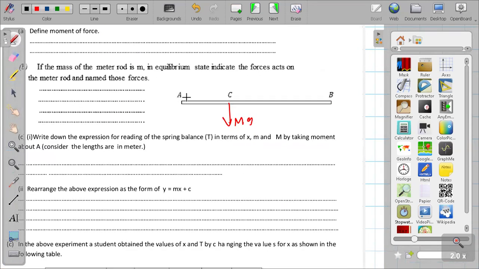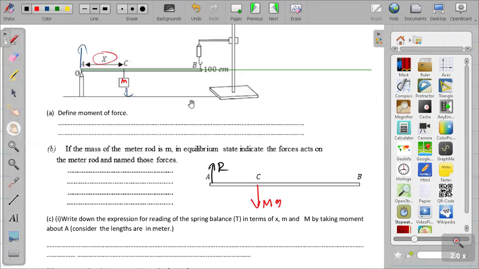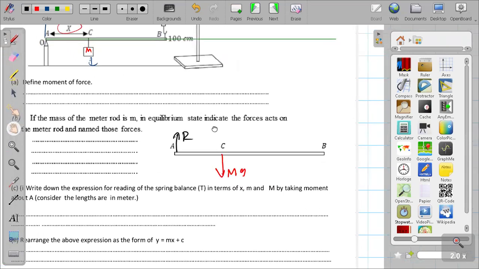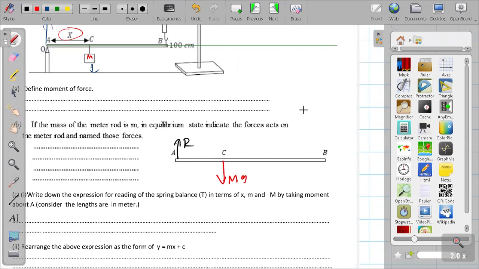So you have to mark the reaction force R from that knife edge. Finally, there is a certain tension. You have to mark that force as T, tension.